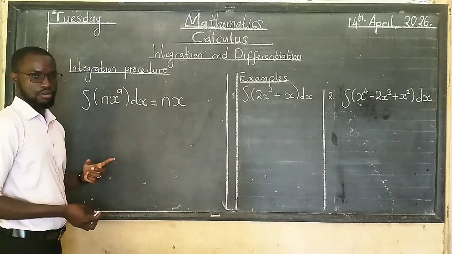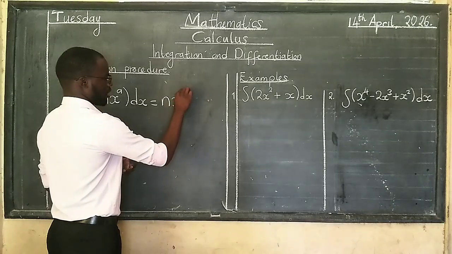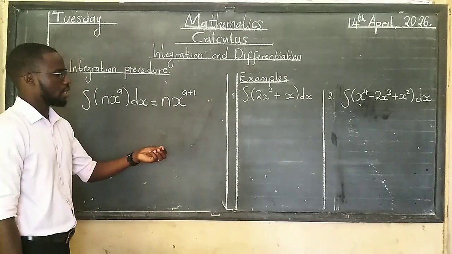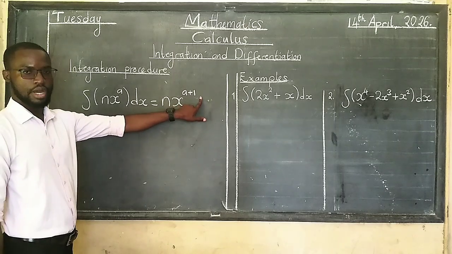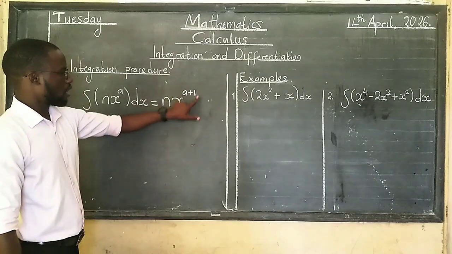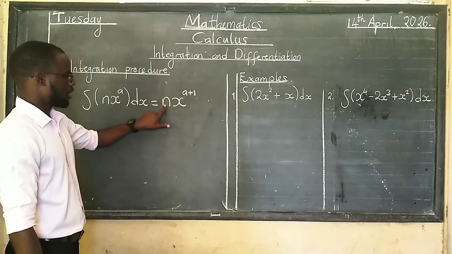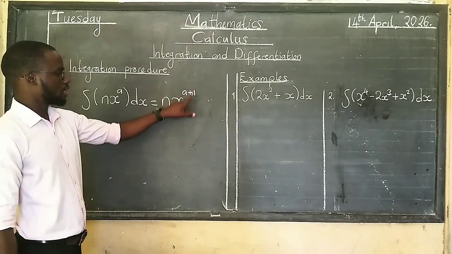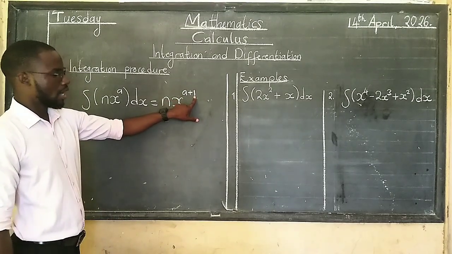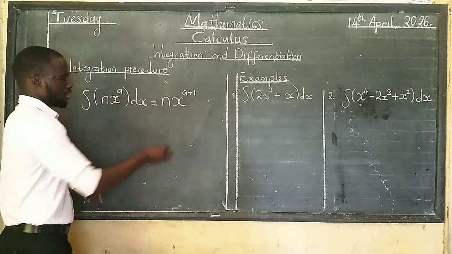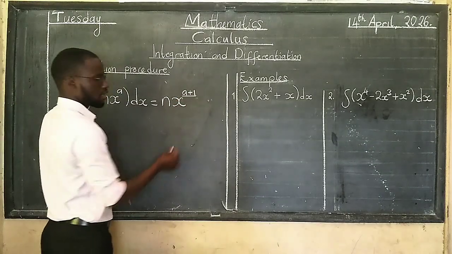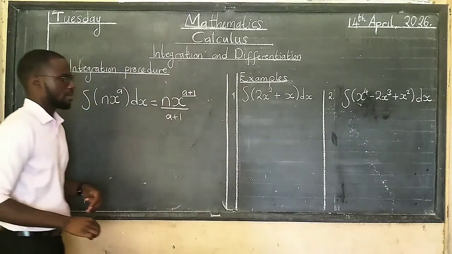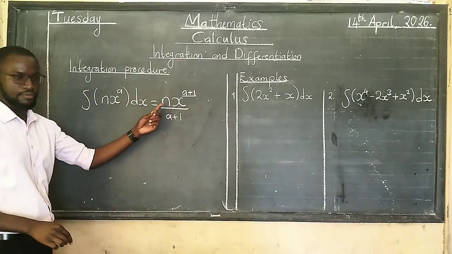The power of x will be integrated or will be raised up, will be built up by adding 1. So to the power, these bases, the number, the variable, come as they are, but the power of x or the variable will be increased by adding 1. Then you take this same thing, this power, you divide everything by the power. So this is the procedure.